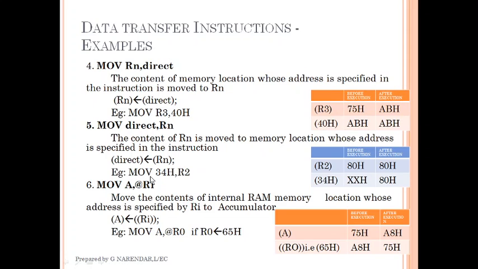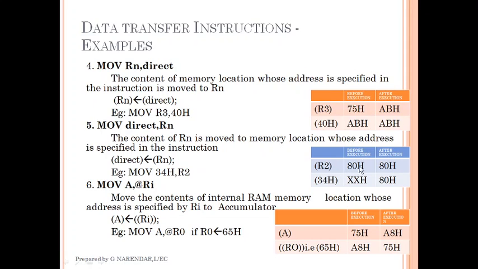Here we have an example, MOV 34H, R2. 34H doesn't have a hash sign before it, so 34H is the address, it's not data.